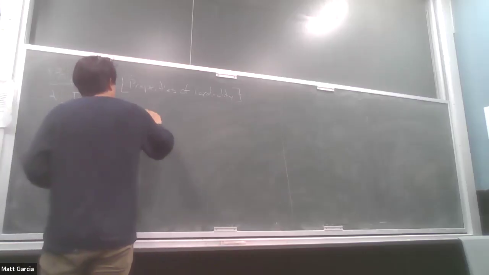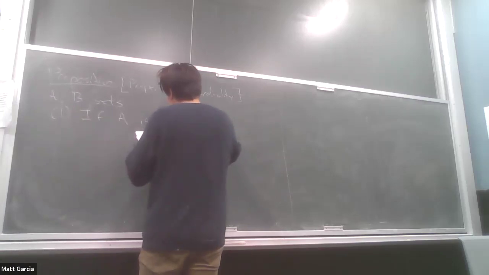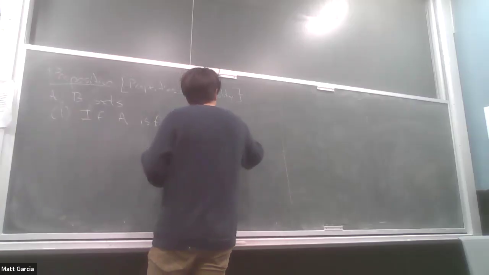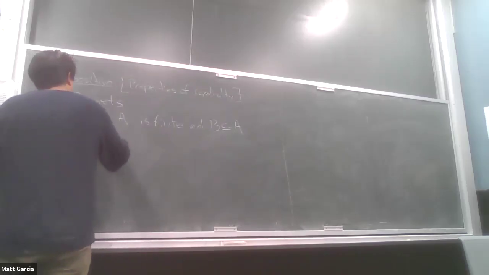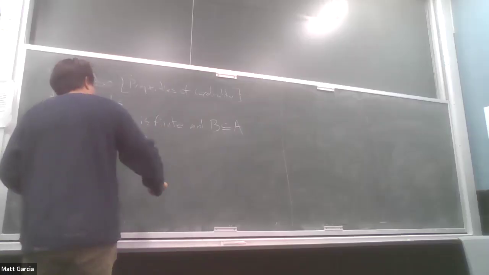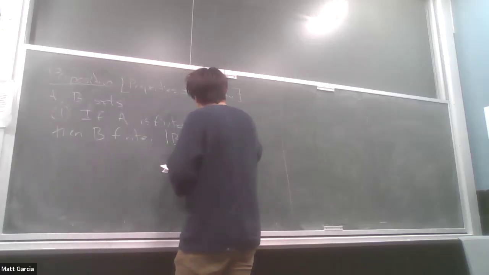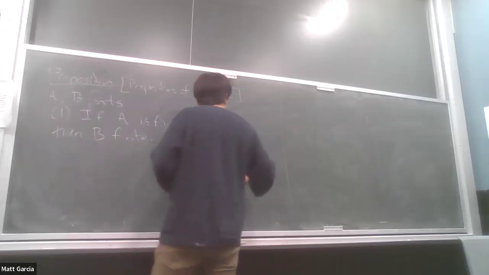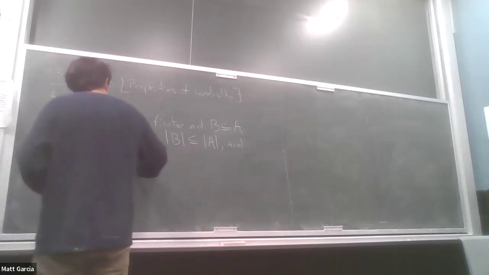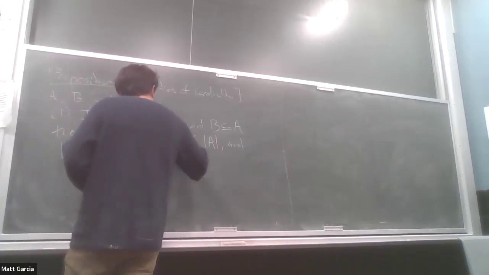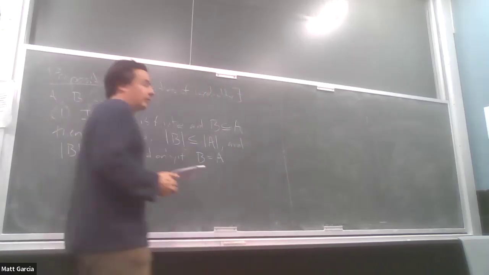Firstly, if A is finite, and B is a subset of A, then we also have that B is finite, where the cardinality of B is less than or equal to the cardinality of A. And furthermore, we have that these cardinalities are equal if and only if we have equality of sets.